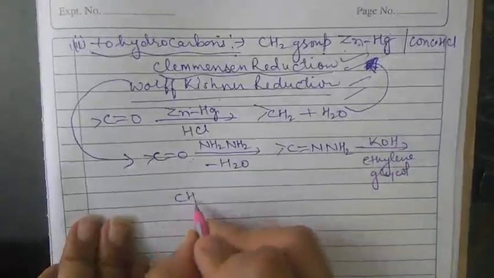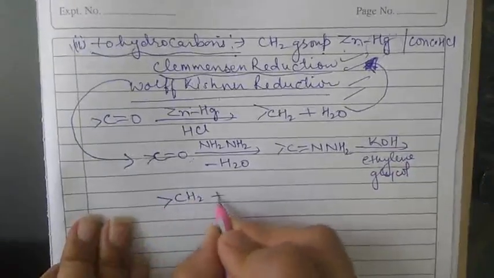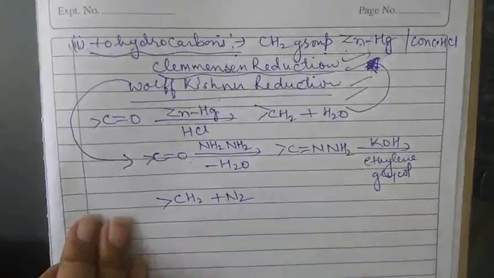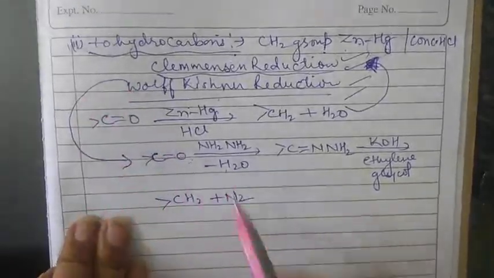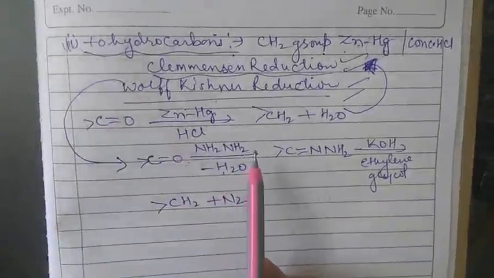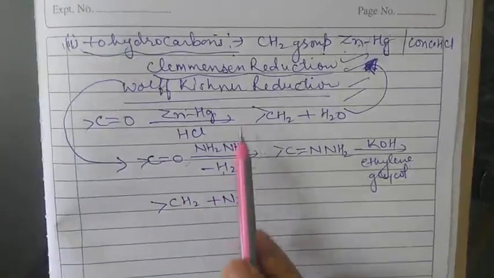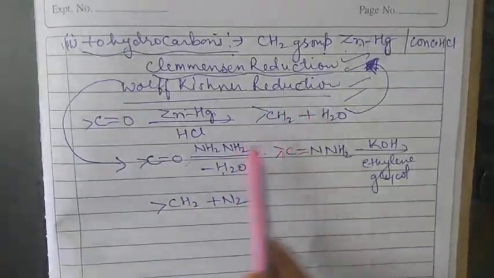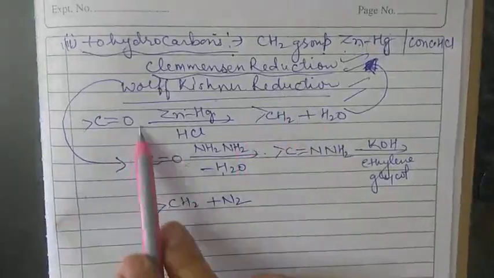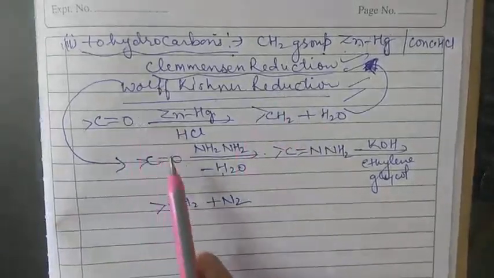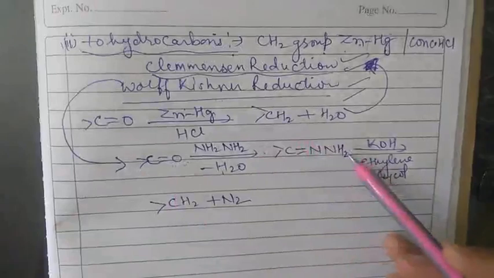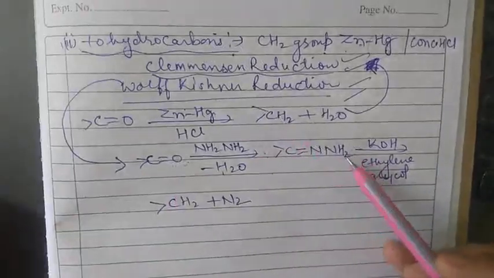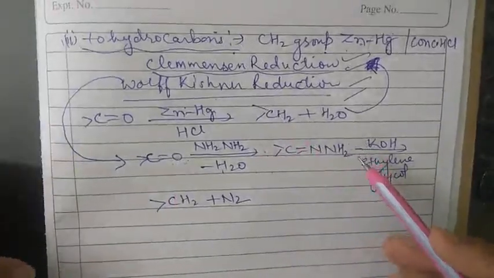Then we have CH2 plus N2, and this reaction is known as the Wolff-Kishner reduction. In both cases, removal of the oxygen and addition of the hydrogen takes place. That's why it is known as reduction.